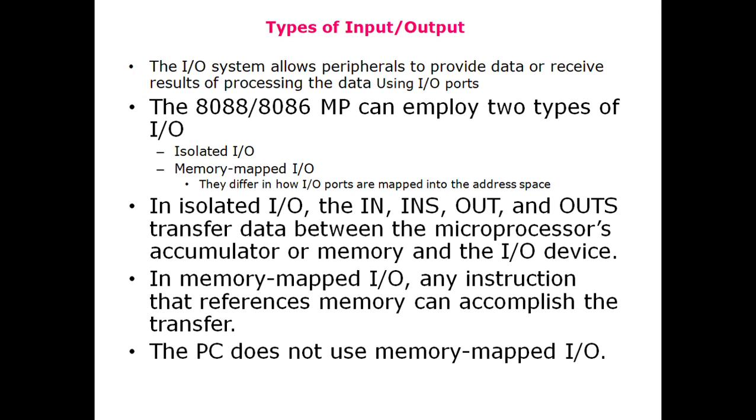In isolated I/O, there are special instructions for input and output operations: IN and INS, OUT and OUTS. The S represents the string instruction, just like the data transfer instructions MOVS and MOV. So there are two variants of input and output instructions: IN and INS, meaning to bring string data inside, and OUT and OUTS.